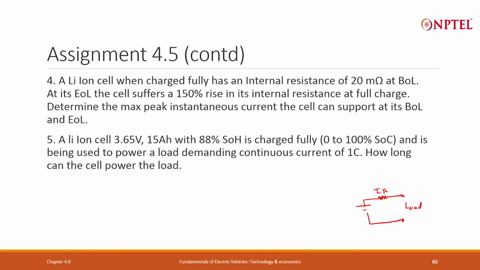Now, if the current I becomes high, all your voltage will virtually get eaten by the internal resistance itself. So, that is what you will have to use. Of course, the load is designed for certain current. So, suppose you want to try to draw for C. So, the load you can calculate, if I was 0, you can calculate what the load will be, and then you can see what will happen.